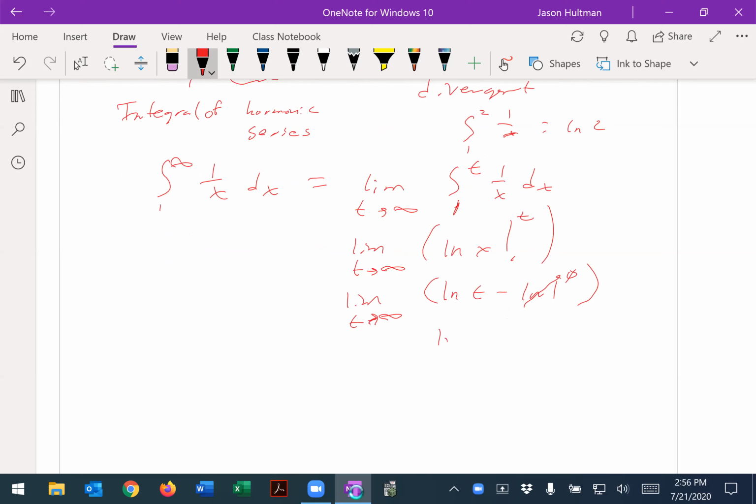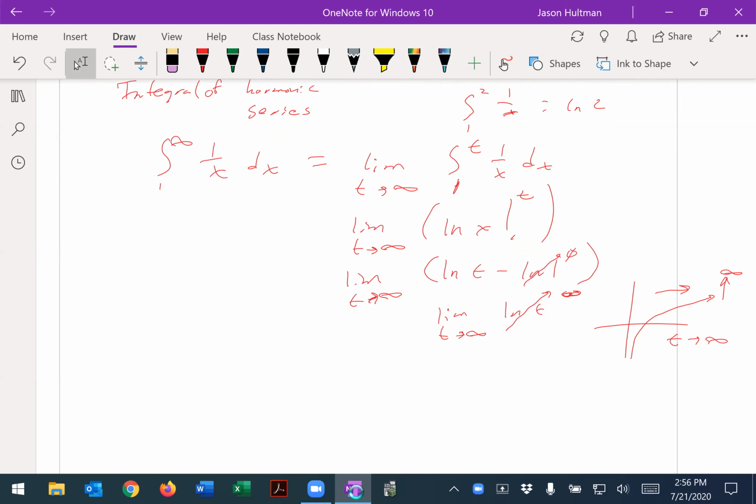What does the natural log go to? If you look at the graph of the natural log, it looks like this, right? As t goes to infinity, what happens to the function? It goes to positive infinity. So since the limit of the natural log function goes to infinity, we can say this thing is equal to infinity.